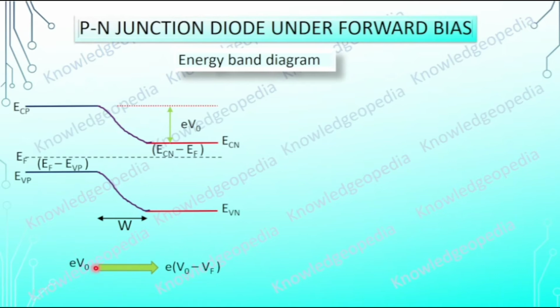Earlier it was eV0 when we had not applied any voltage to the diode, and after applying a forward bias voltage, the separation between the energy states reduced by an amount eVf, and the separation is equal to e(V0 minus Vf). If this becomes e(V0 minus Vf), will this height increase or decrease?